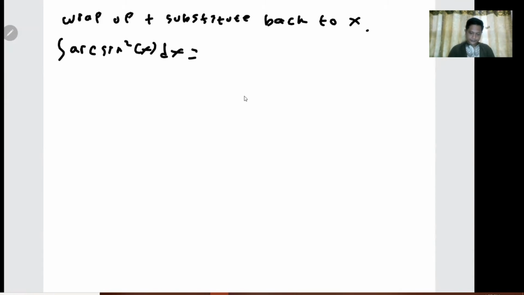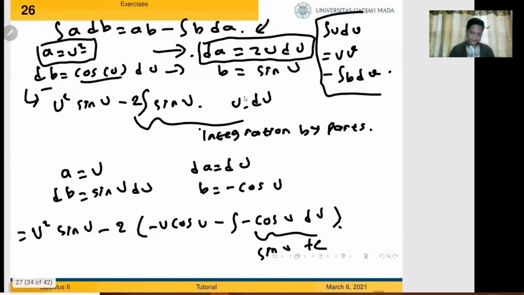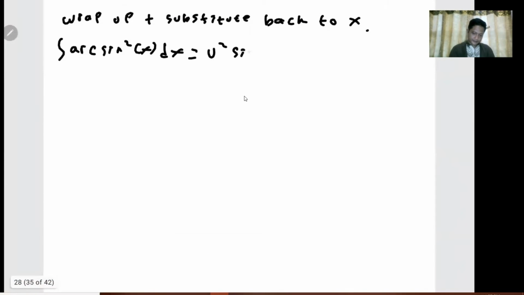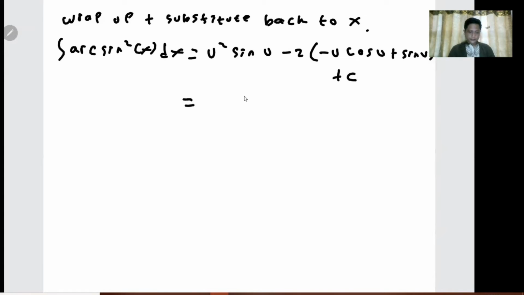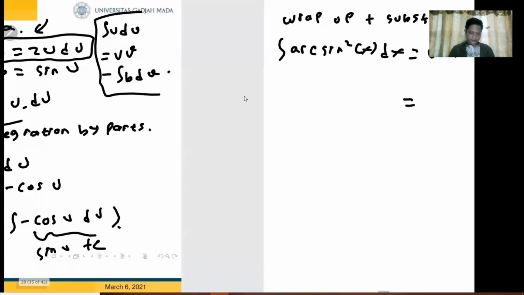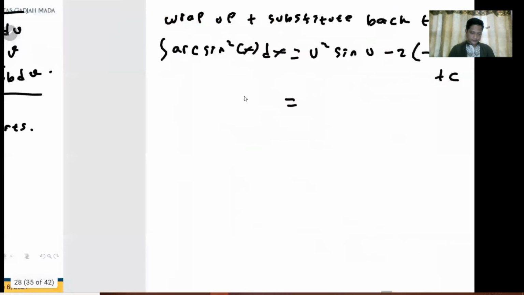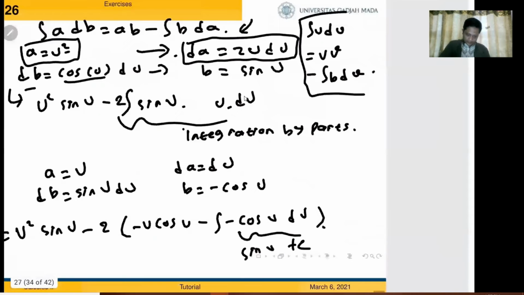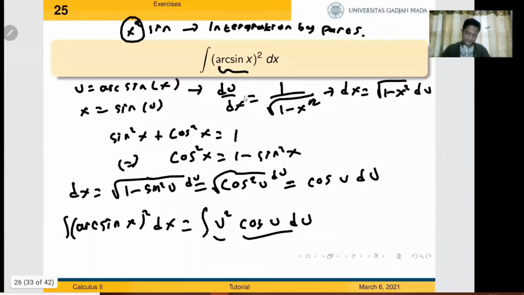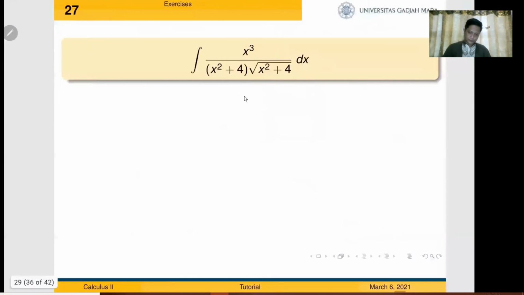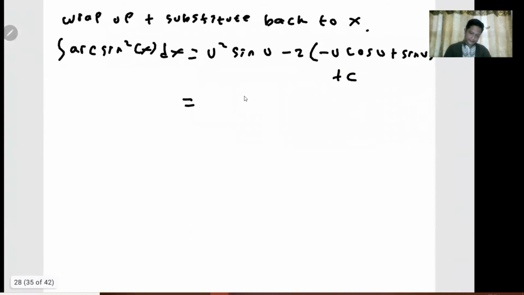If we change everything and wrap up, we have U squared minus sin U, minus 2 times minus U cos U plus sin U, plus C. So what is U? U is arcsin X.